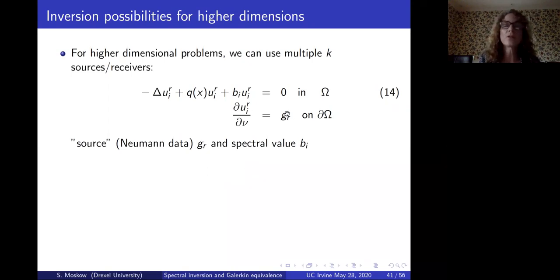By source, what I mean here is some Neumann data on the boundary of omega, which I'll call G sub r. What we're assuming we have data for is a number of spectral values, which I put in B sub I here, similar to 1D, and K sources and receivers.